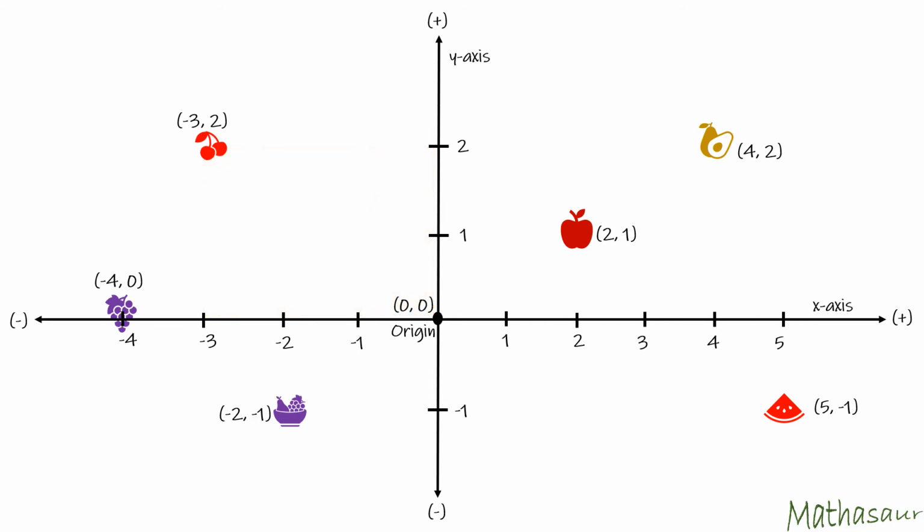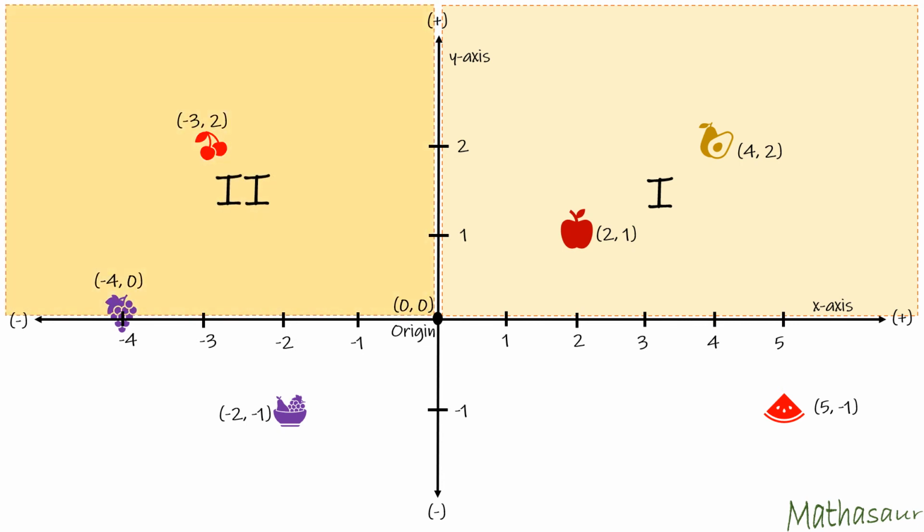As you can see, these two axes, x-axis and y-axis, divide this plane into 4 parts. We call these 4 parts quadrants. Now the quadrant which is formed by the positive x-axis and positive y-axis is known as the first quadrant. We represent it by the Roman numeral.